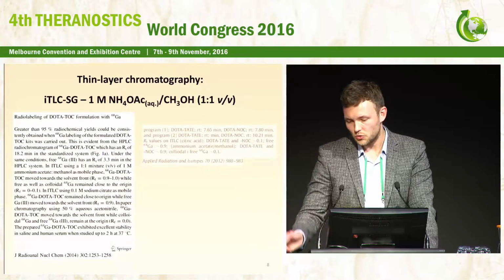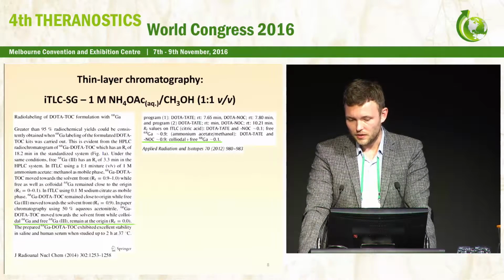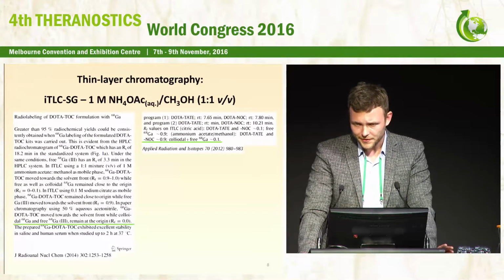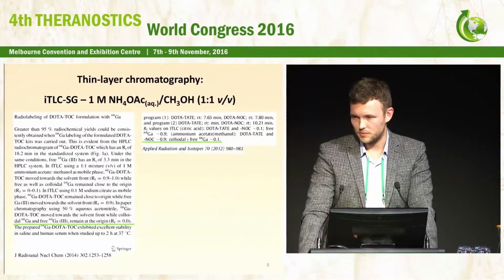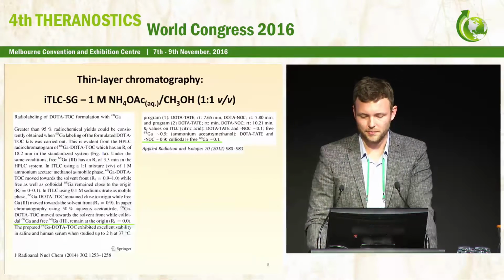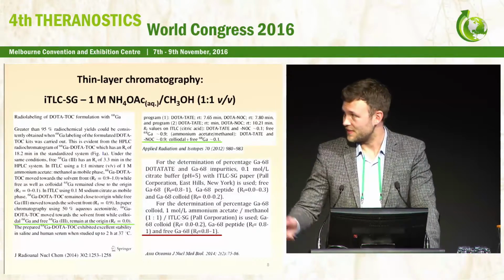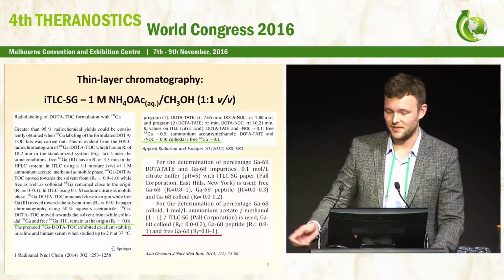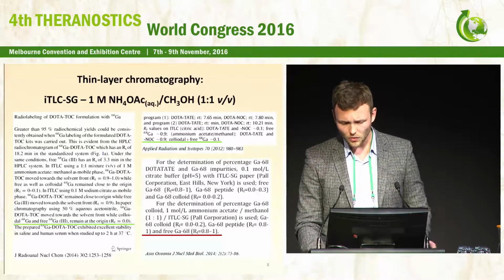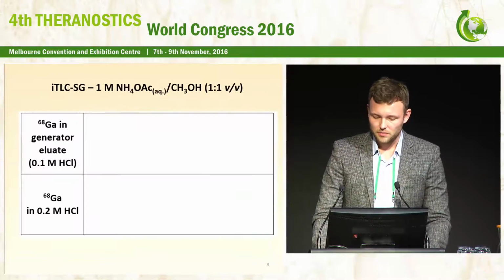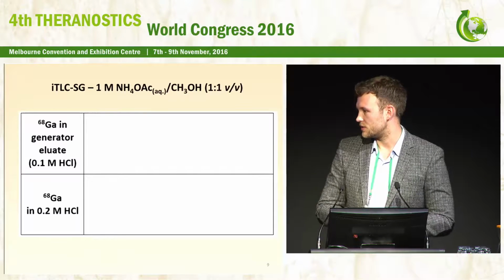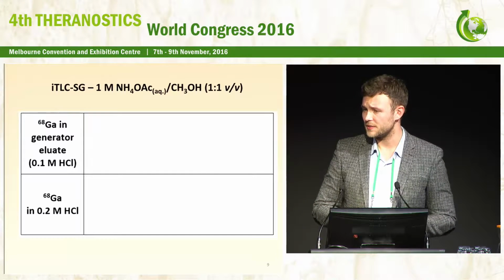Thank God that today there are many good publications which clearly indicate that free gallium in this system stays at the origin of the chromatogram. But still, in some papers you can find instances where gallium moves in this system. Maybe the reason is the different reference standards.